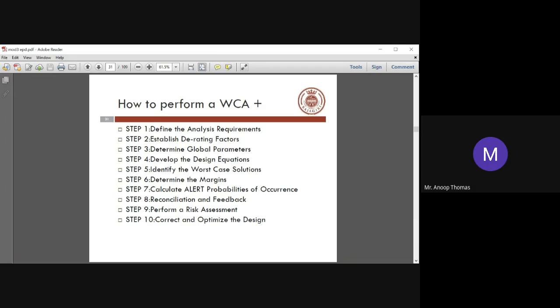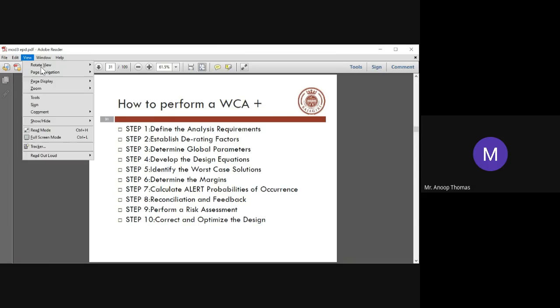We are defining the steps ideally required to produce a document which can be effectively used to understand the issues with the design and the worst case scenarios, and if required, make the corresponding changes. If not required, this document gives you information regarding what is good and what is bad. That's the idea.